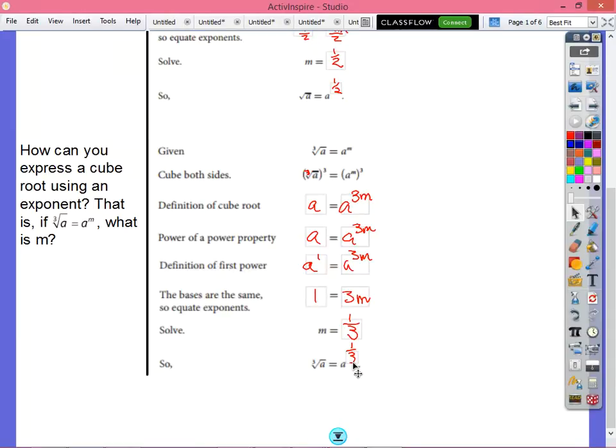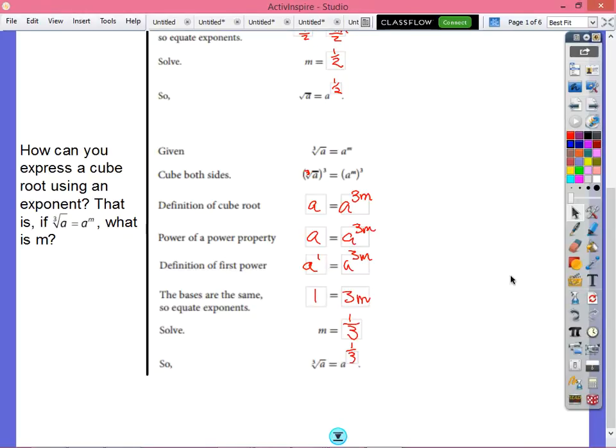So if you were to type into your calculator the cube root of 27, you would get the same answer as if you did 27 to the 1/3 power. Both those answers would be 3, because 3 times 3 times 3 is 27.